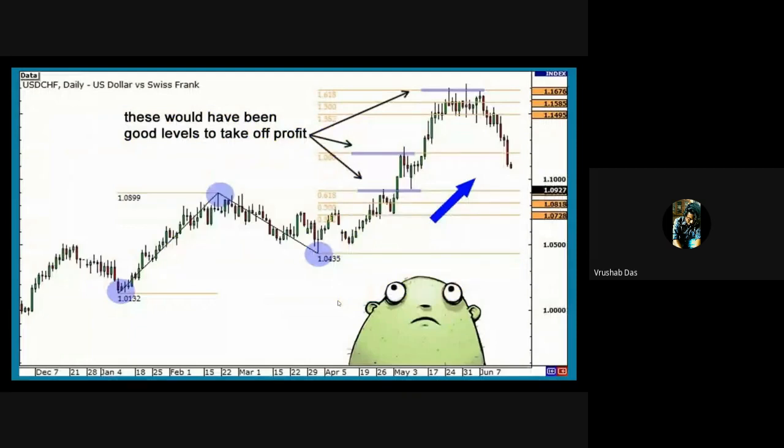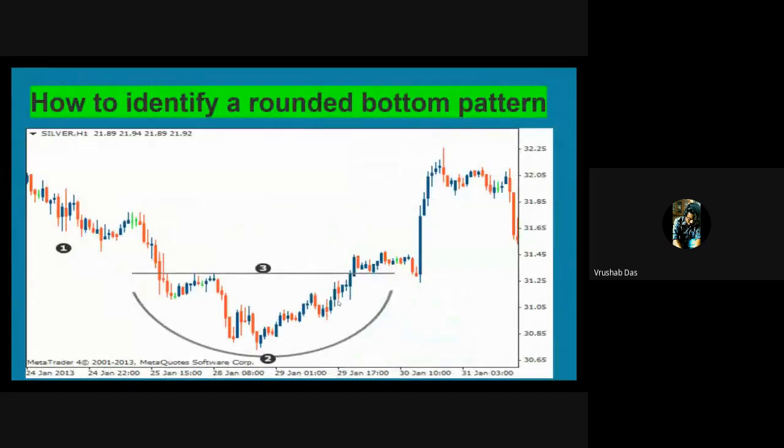This was the example of Fibonacci extension. Another topic is how to identify a rounded bottom pattern. First, the thing you will see is a downtrend. This is a downtrend, and after that a rounded bottom is created here, and there is a neckline.